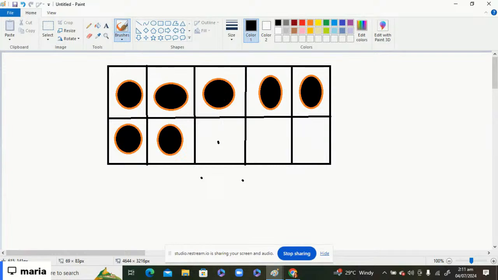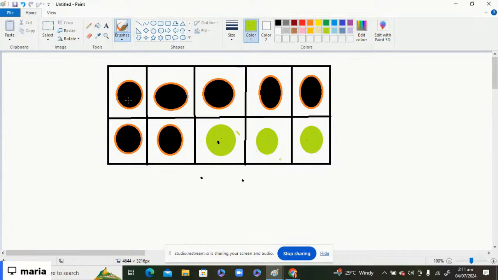So now tell me, how many empty spaces are there? There are a total of 3 empty spaces. Now look, one, two, three. So when we fill these empty spaces, we are just going to draw one, two, and three. I'm using these green dots for clarity.